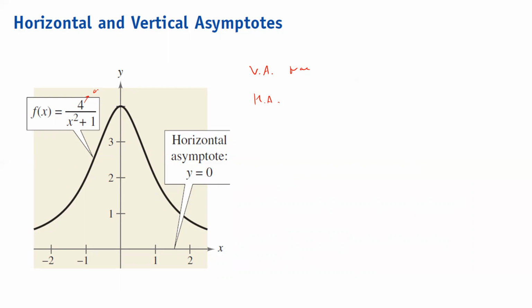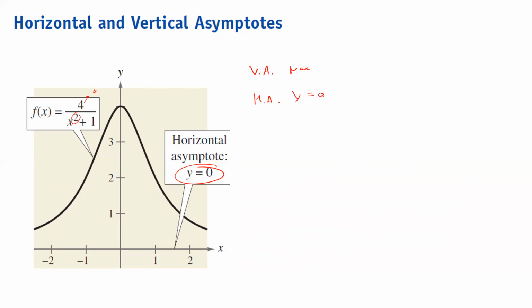Say again? Good. If there's no domain issue, it never gives you 0 on the bottom. Correct. There are times where you have a domain issue but not a vertical asymptote. We'll cover that in just a bit. Everybody okay with this being degree 0 on top and degree 2 on the bottom? That means the bottom is bigger. Therefore, it should be y equals 0.